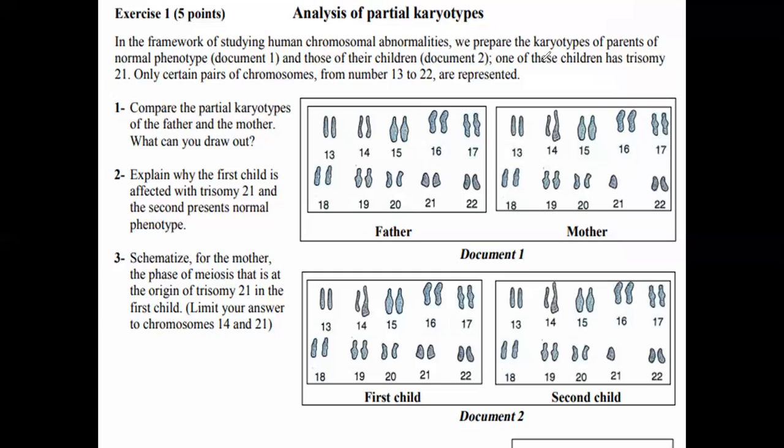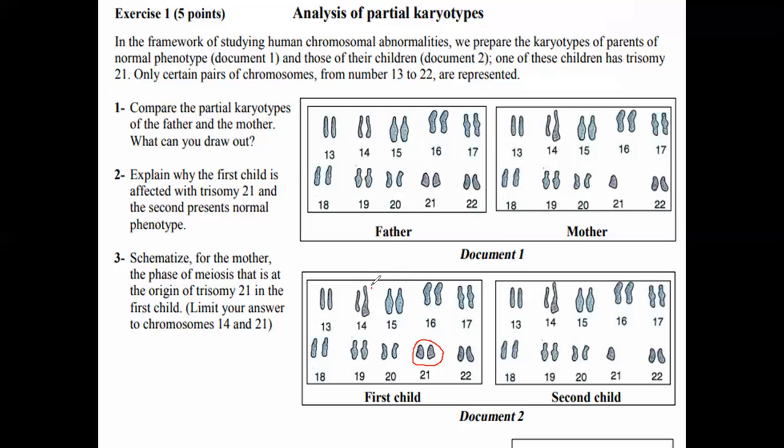However, the second is normal, so there is no trisomy 21. Who can explain this? If you look at the first child, how many copies of chromosome number 21? We have two copies. While in the pair of chromosome number 14, one chromosome of the pair is larger, or longer, than the other.